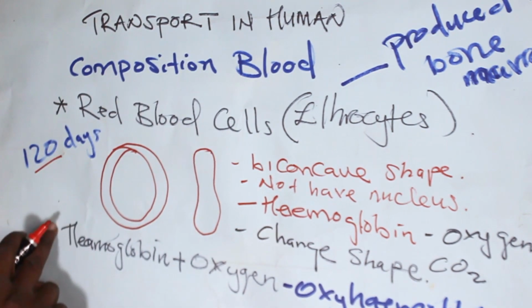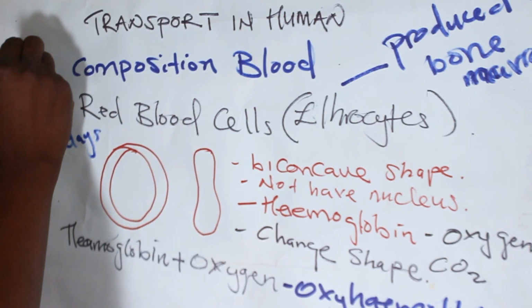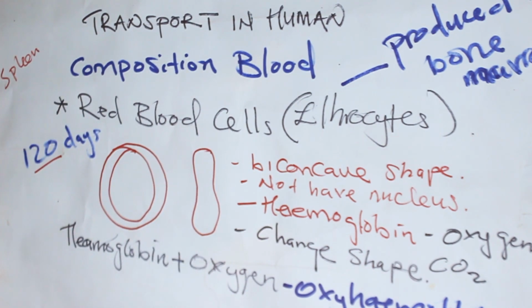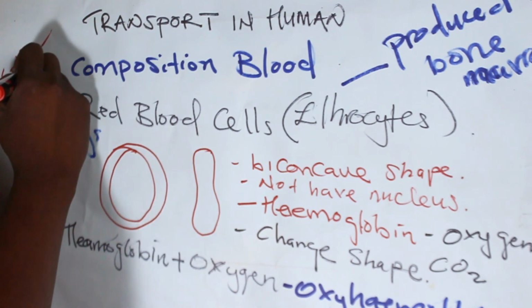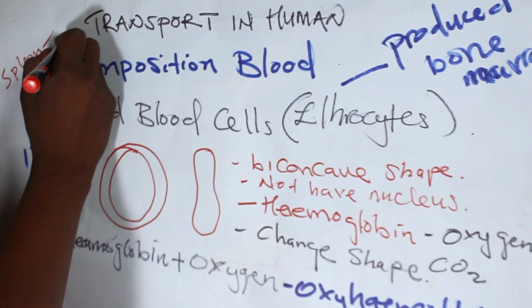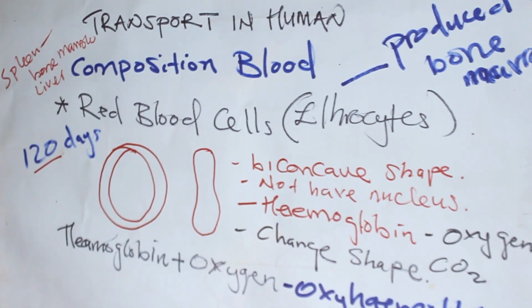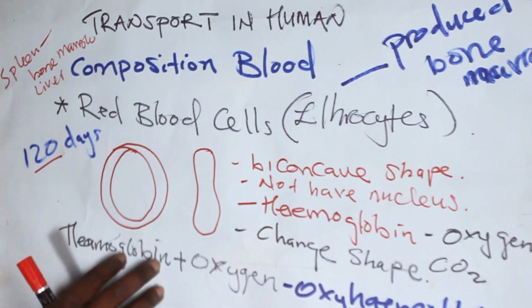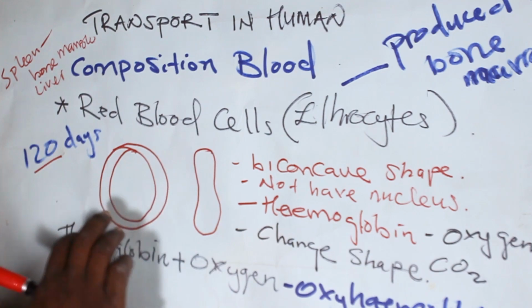It is destroyed in the what? It is destroyed in the spleen. The spleen is part of the lymphatic system. It is also destroyed in the bone marrow. Also, the liver is able to destroy the red blood cell. But when the red blood cell is destroyed, its iron is not destroyed.